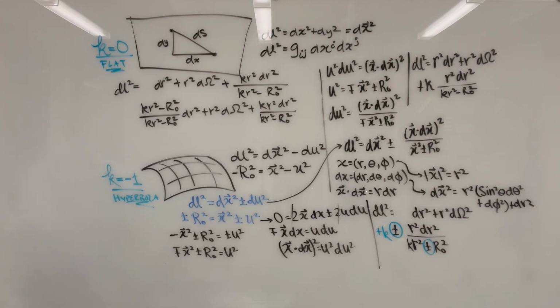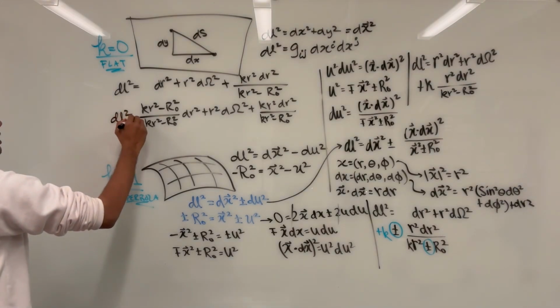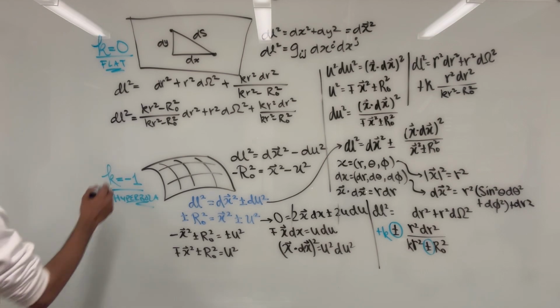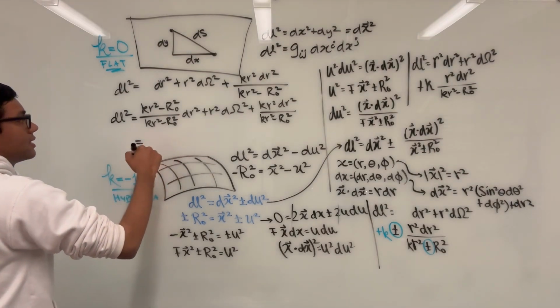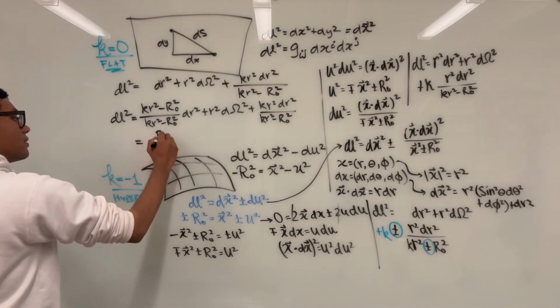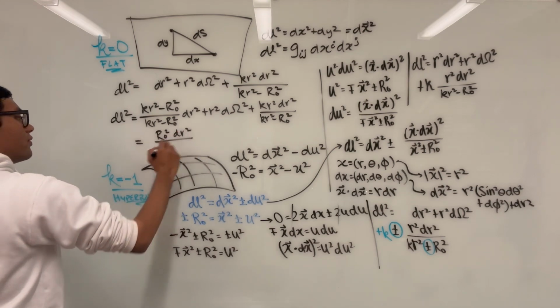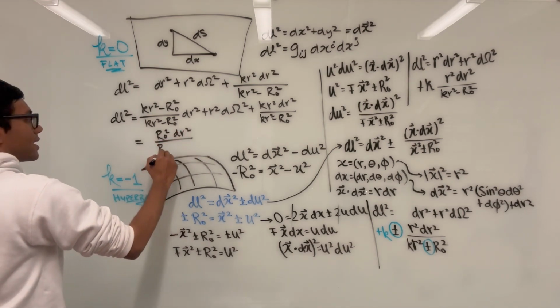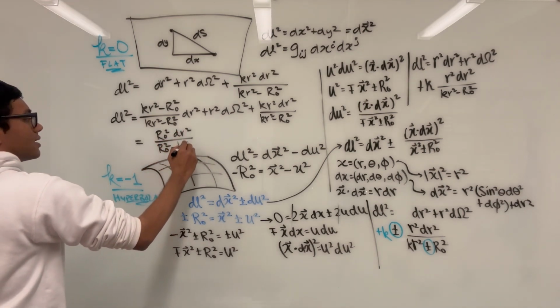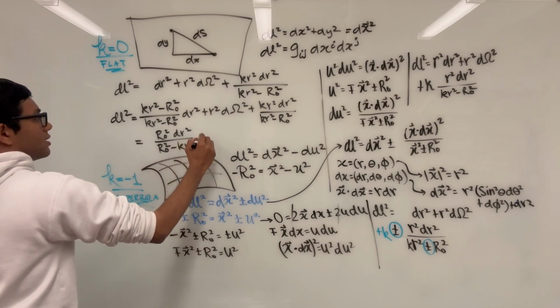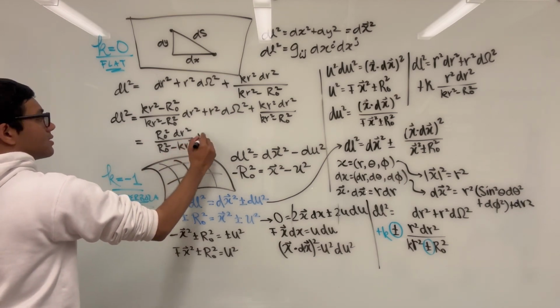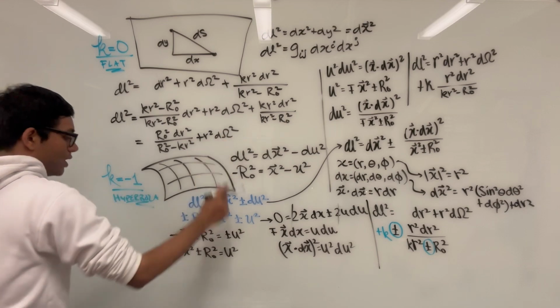I'm getting some funny results because I should have a minus sign somewhere, and somewhere I'm missing a minus sign essentially. But if I carry this through, then I should get, let's see, r naught squared dr squared over something like r naught squared minus kr squared, and then plus r squared d sigma squared.